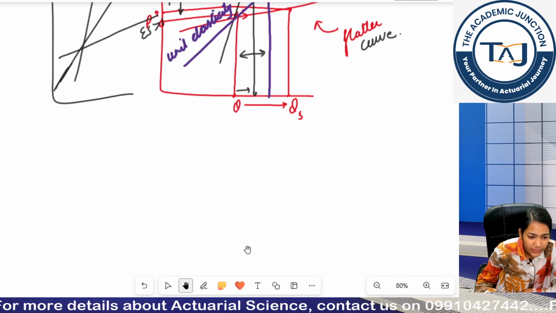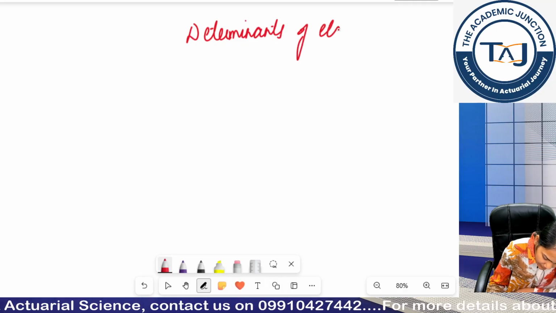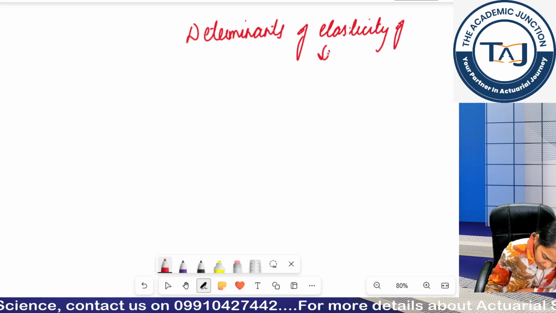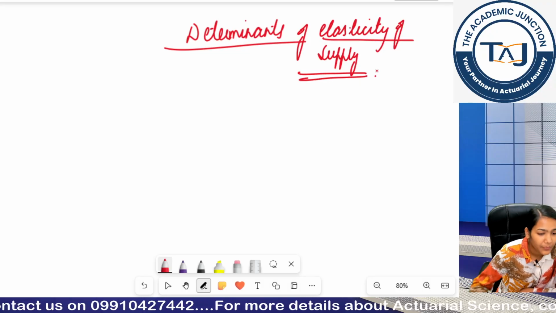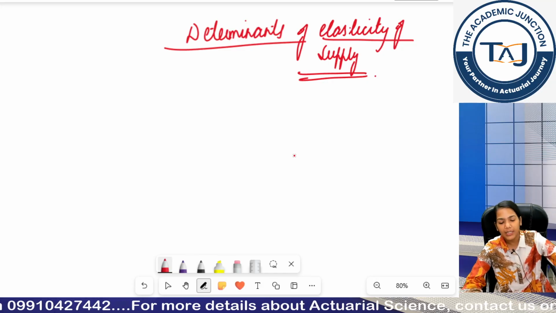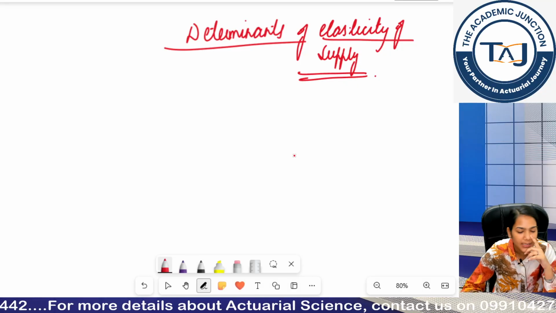Noted? So, now you think about the determinants similar to those from the elasticity of demand. Think about similar determinants for my elasticity of supply.